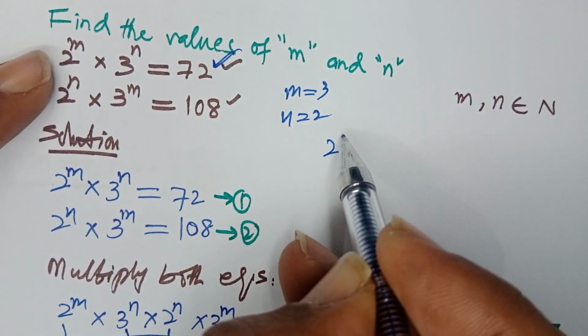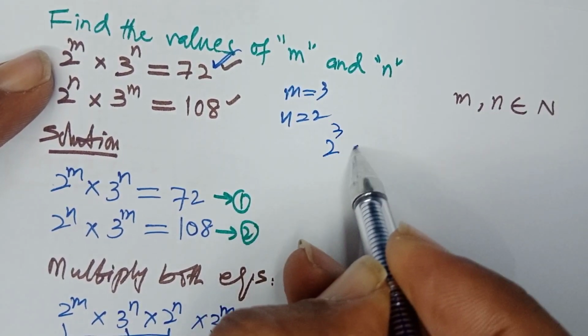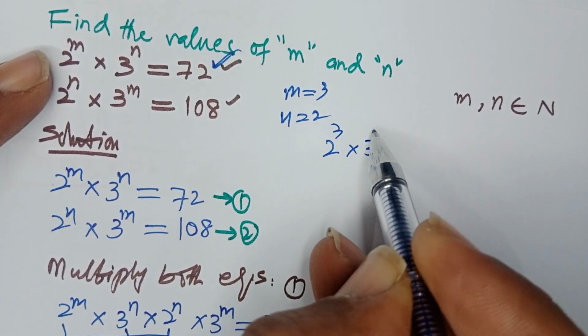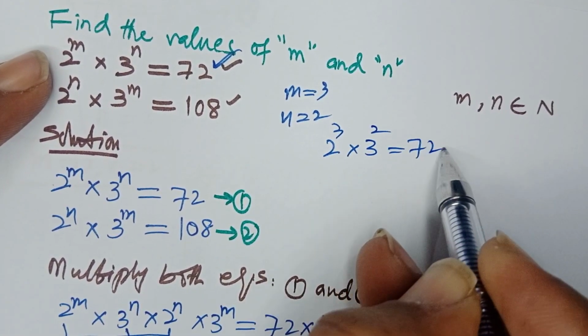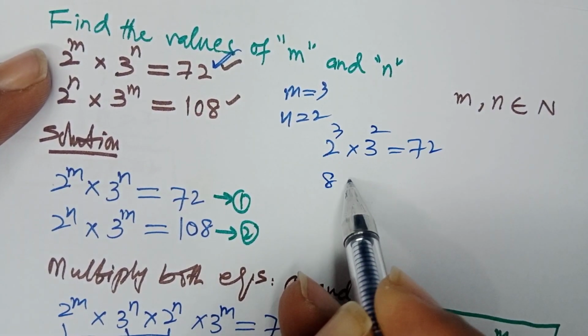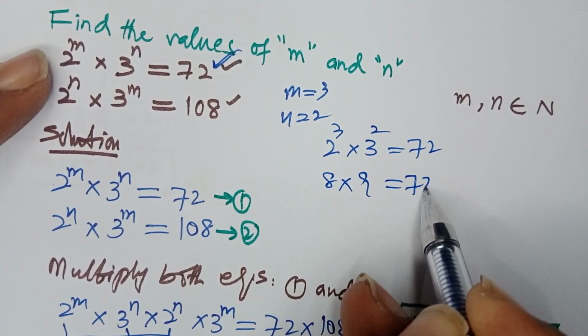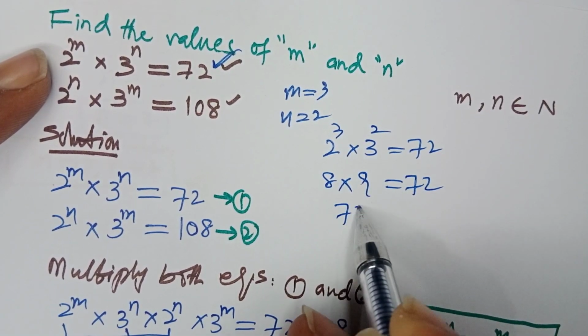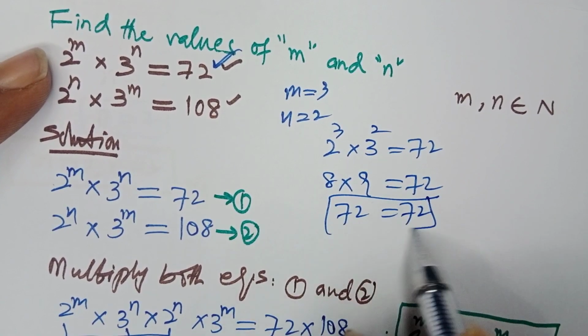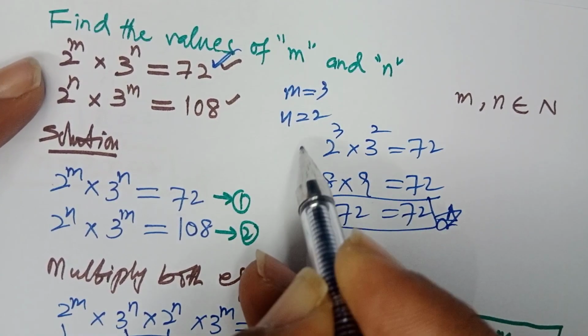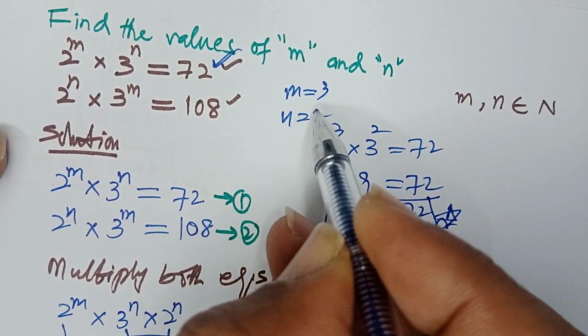So 2 power m means 2 power 3 into 3 power n means 3 power 2 is equal to 72. So here 8 into 9, 72. So 8 nines are 72, 72 proved. It means these values of m and n are right.